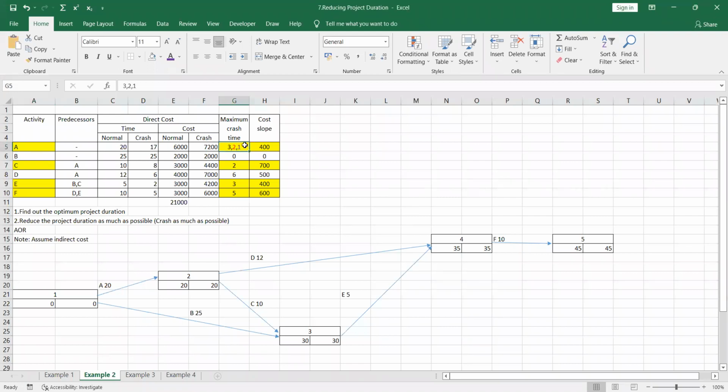And you have to see the maximum crash time for the A activity is 1. So that means we can crash activity A by 1 more day, right? So I am going to crash activity A by 1 more day.